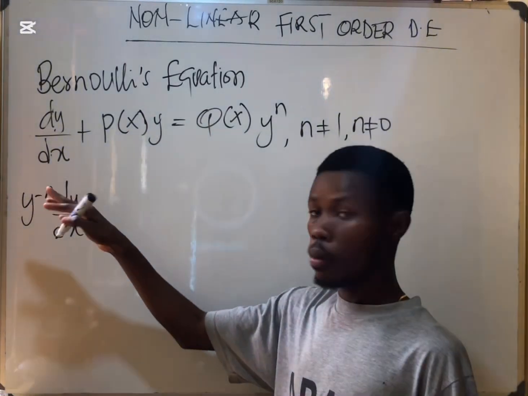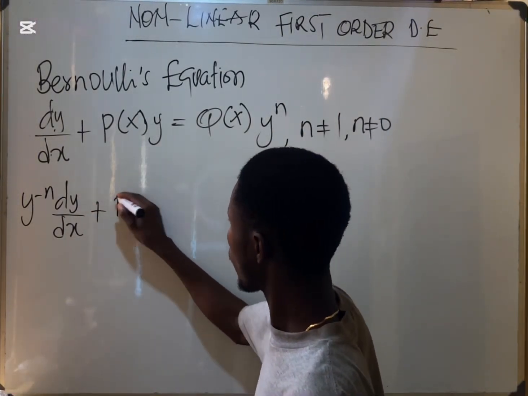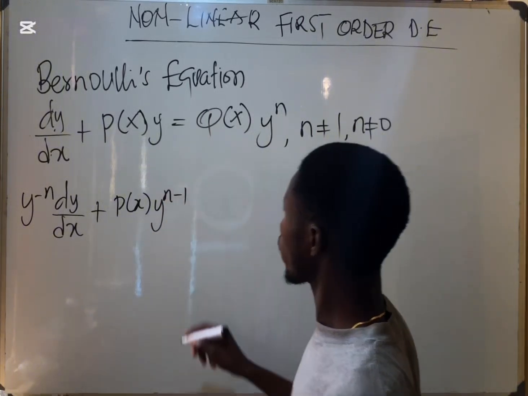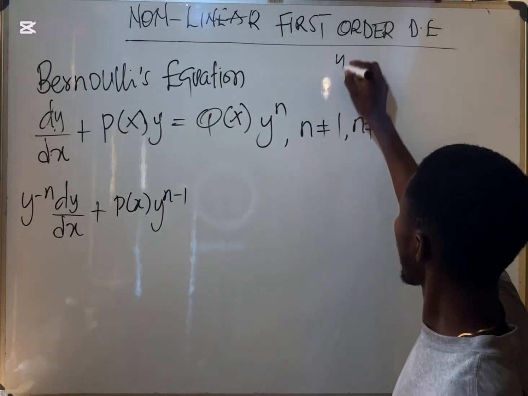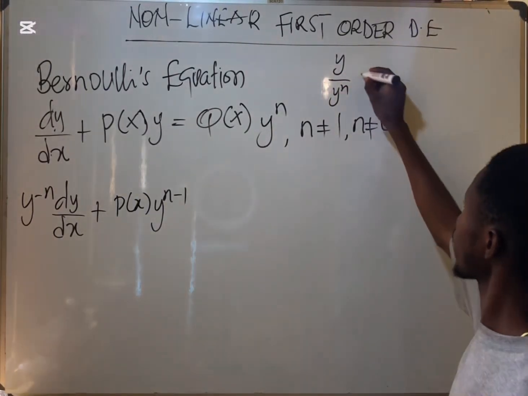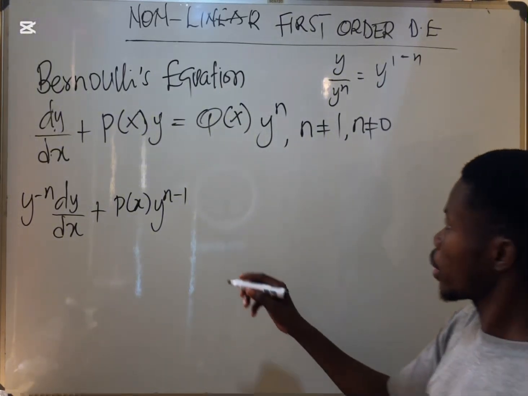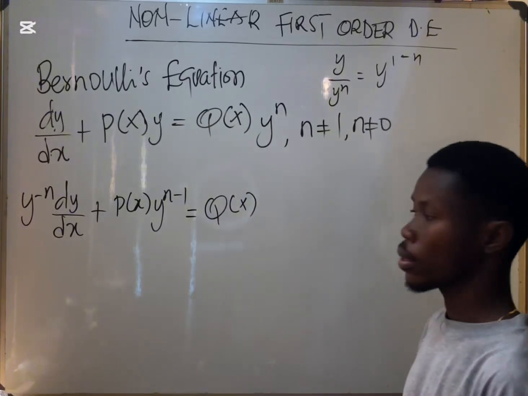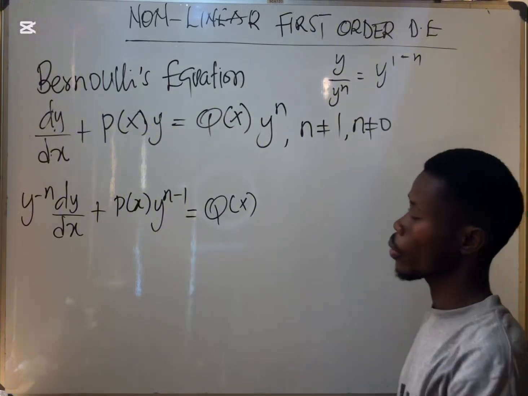Here y is power 1, so it becomes y over y to the power n, which I can write as y to the power 1 minus n, equals k of x. Is that okay? Because at this point, the whole of the y to the power n is gone. So this is what we have.